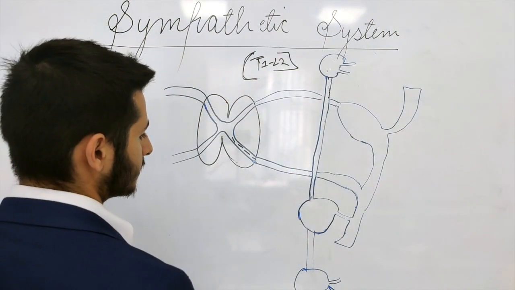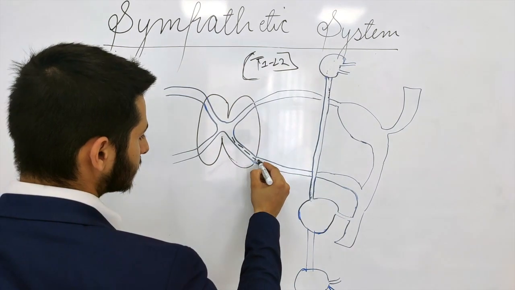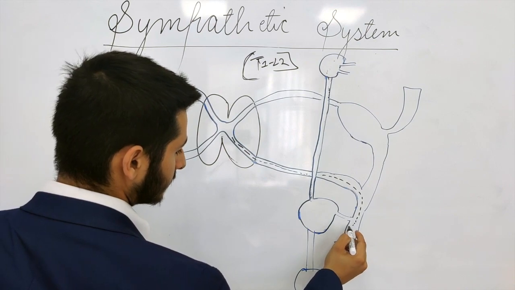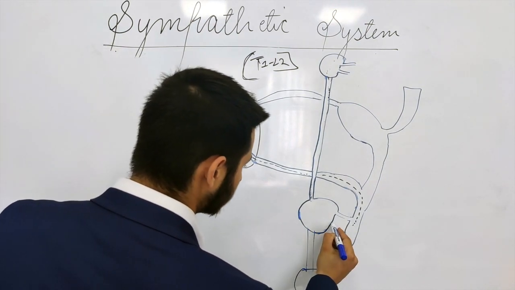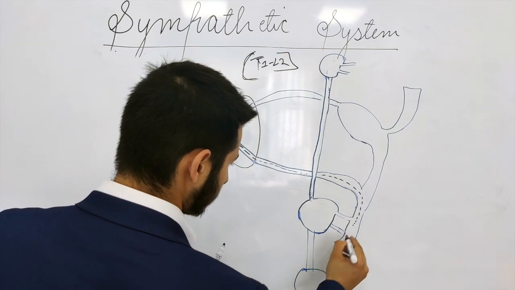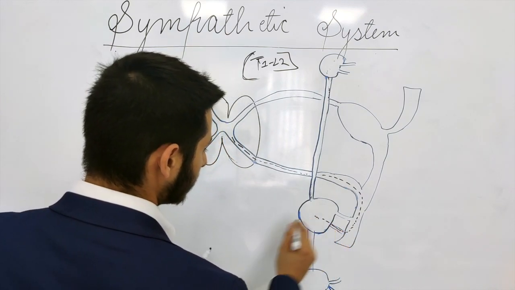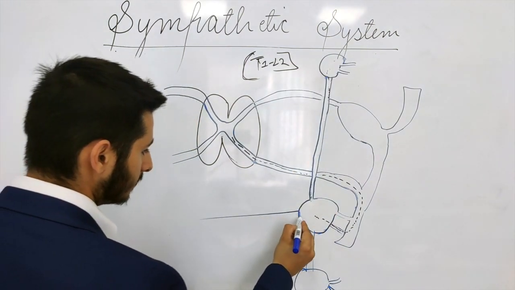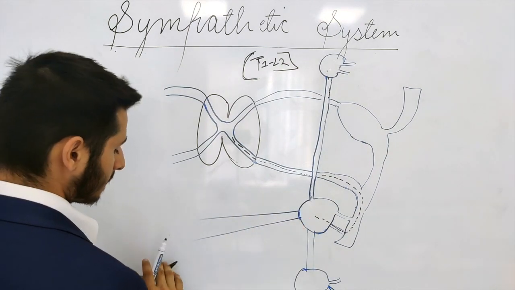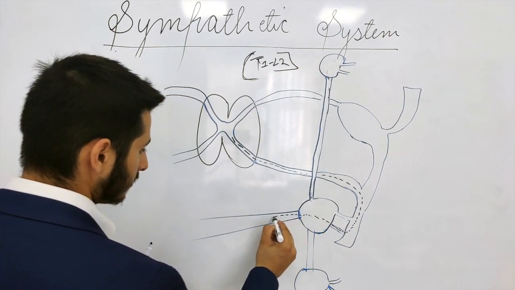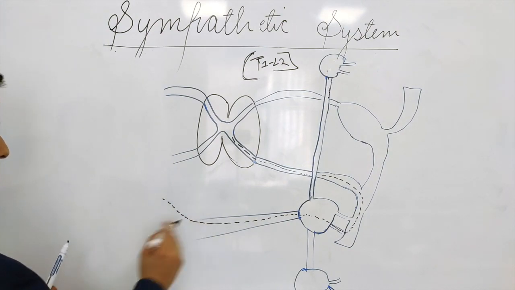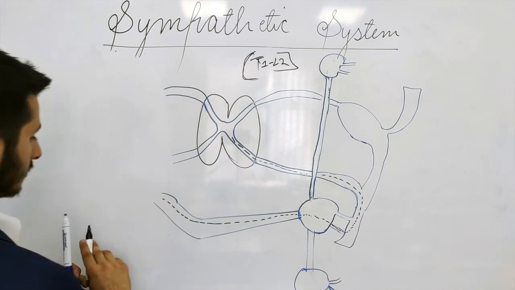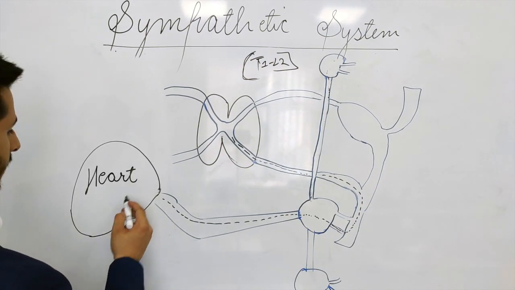The next type of innervation is the innervation of thoracic and the cervical viscera. In this kind of innervation, the preganglionic fibers that leave the anterior ramus through the white ramus communicans leave the trunk medially, and they supply the viscera, and in this case it is the heart.